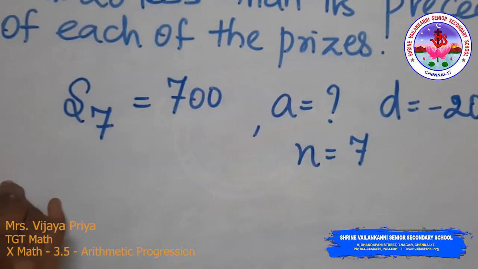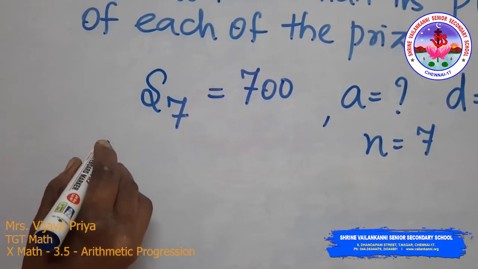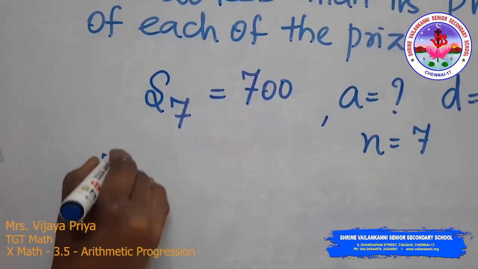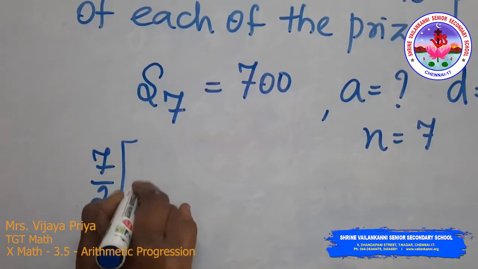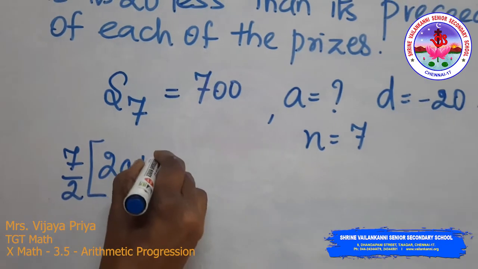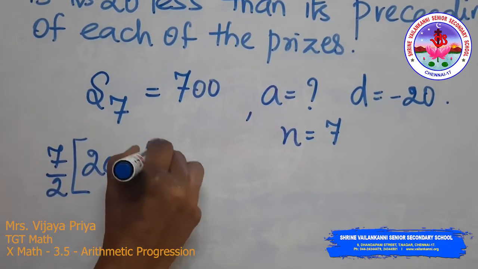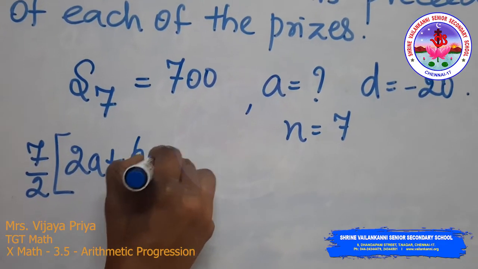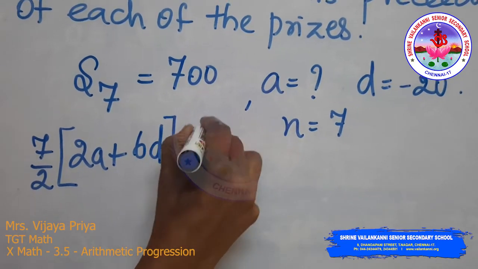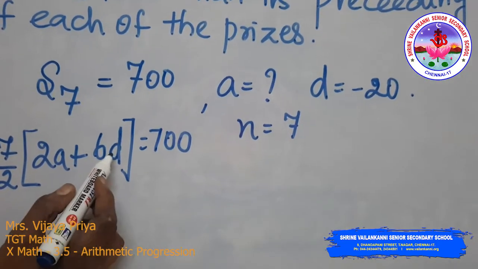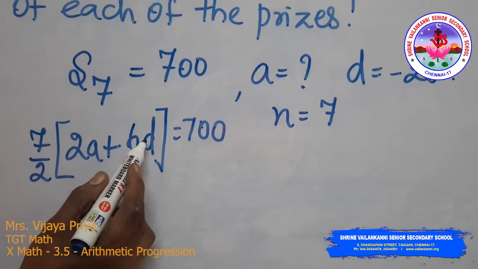Sn is equal to n by 2 into 2a plus n minus 1 into d. So S7 is 7 by 2 into 2a plus 7 minus 1, which is 6, into d, which is equal to 700, where I am going to replace d as minus 20.